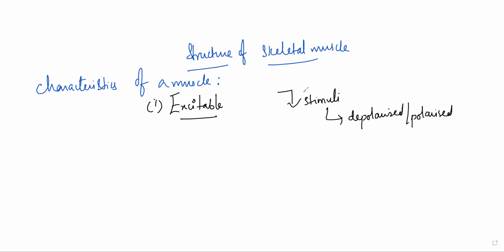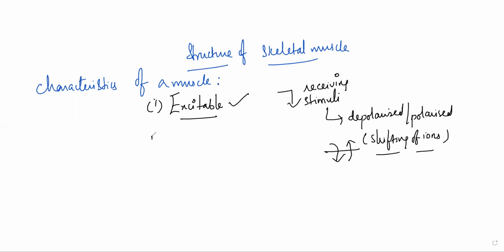They receive a stimulus, they get depolarized, there is shifting of ions across the membrane. They move from in to out, out to in. This is shifting of ions. So we call these excitable cells. Even your muscle is an excitable structure found in your body.